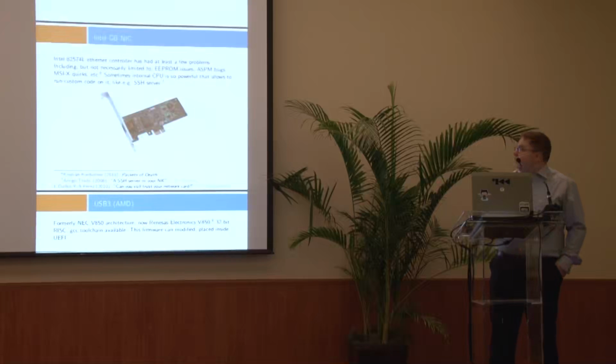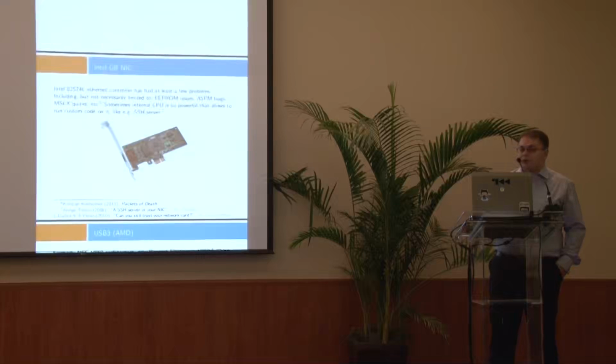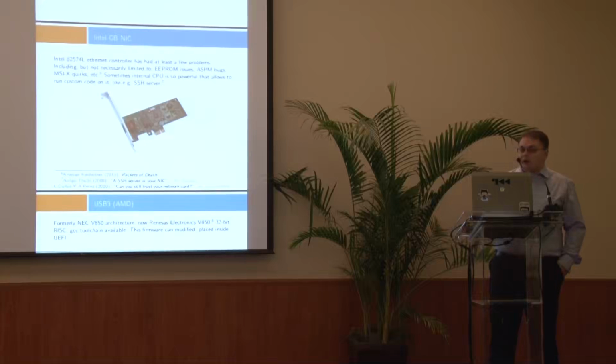Next, an independent computer inside your computer: a possible network card. For example, this Intel card, as a network controller, has its own independent CPU, which can of course be bypassed.